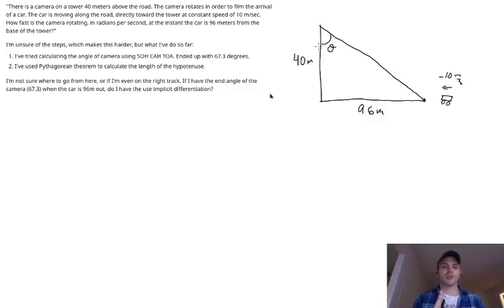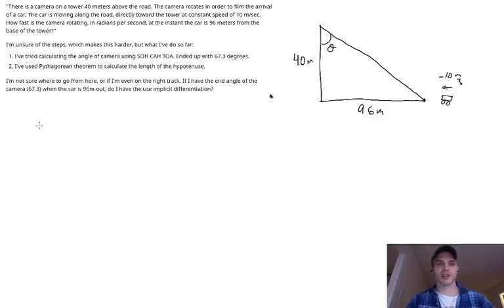So there's two things going on here. We have the fixed rigid triangle, 40 and 96 being the legs, and then we have the rates of change with respect to time of the angle and the linear velocity of the car. Or I should say the rate of change of position is the velocity. So for this fixed triangle, let's figure out what the hypotenuse should be.